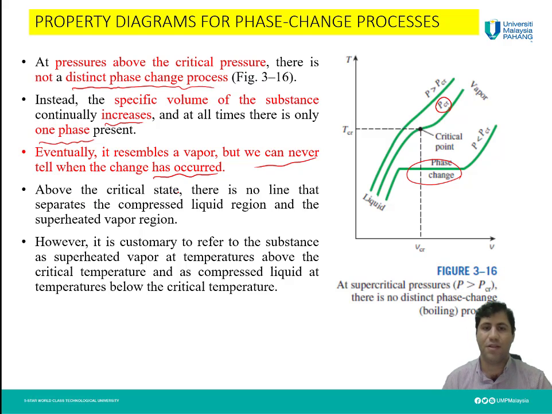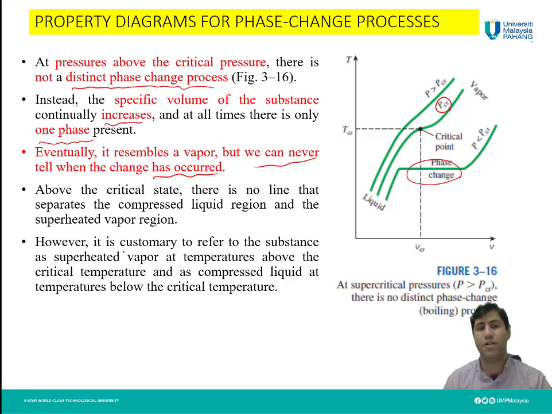Above the critical state, there is no line that separates the compressed liquid region and the superheated region, like what we have here. This is the superheated region, this is the liquid region, but above this, we don't have a line like this. So for this whole process, we have only one line.